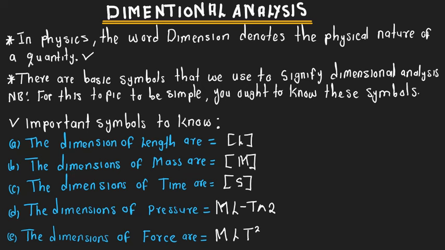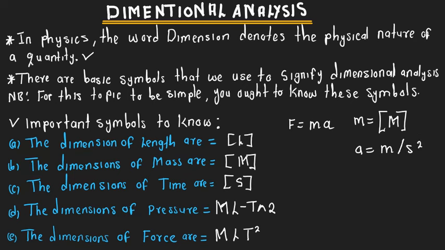Well, let me show you something. We know that force is equal to mass multiplied by acceleration. The dimensions of mass is big letter M. What are the dimensions of acceleration? Acceleration has the units meters per second squared.